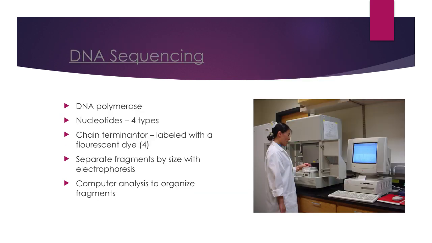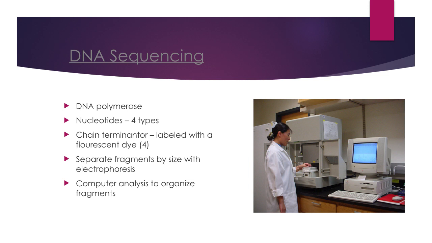You can sequence DNA as well. Again, using the same enzyme, DNA polymerase, you take your source DNA, you add the regular nucleotides, and then what are called chain terminators. These are special nucleotides that are similar to adenine, thymine, cytosine, and guanine, but they have a fluorescent dye labeled to them.